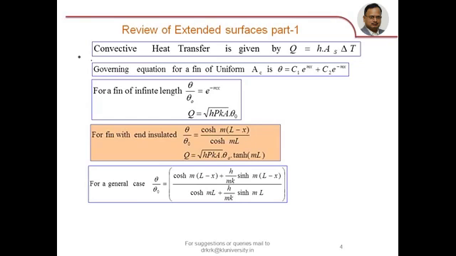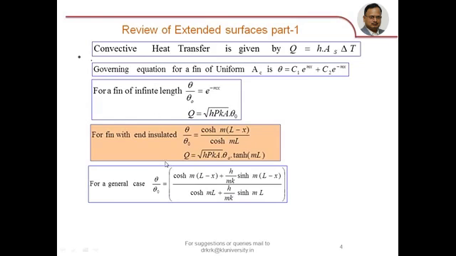So the second boundary condition for a general case can be written as minus Ka dT by dx at x equal to L, that is conduction heat transfer at the end x equal to L, is equal to hA delta T at x equal to L, the convective heat transfer to the environment at the end of this.